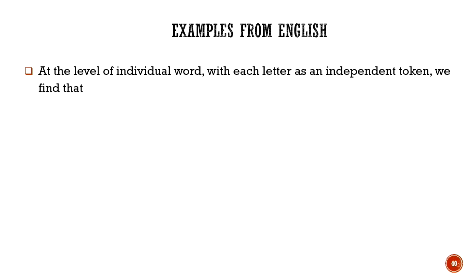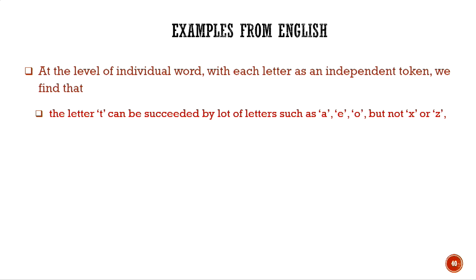So what kind of insights can we get from this model for English? At the level of the individual word, with each letter as an independent token, if we build a bigram model of English, the letter T can be succeeded by a lot of letters such as A, E, O, but not X or Z. Similarly, the letter Q is most often succeeded by U, and so on.